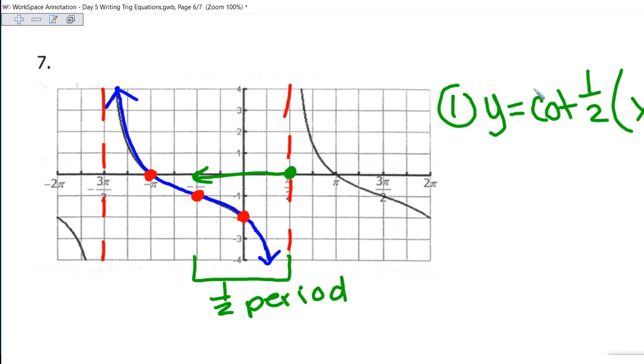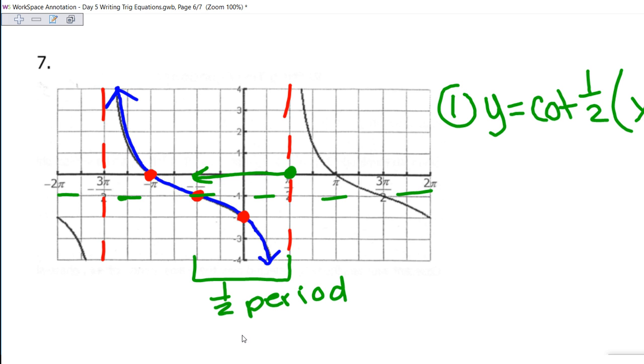X plus pi. Now, which way did the x-axis move? Here's the middle of my graph. So the x-axis translated down 1 unit. So put a -1 at the back. So there's my first equation. I wrote it as a cotangent function.